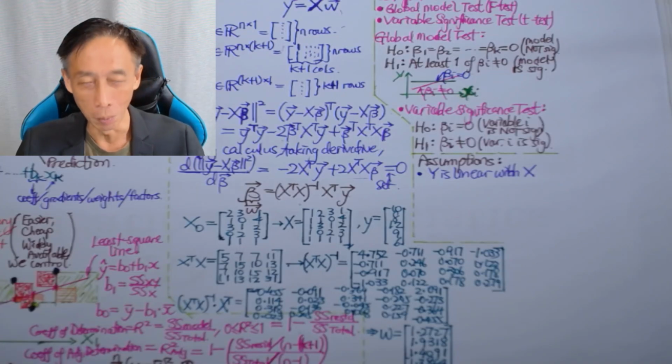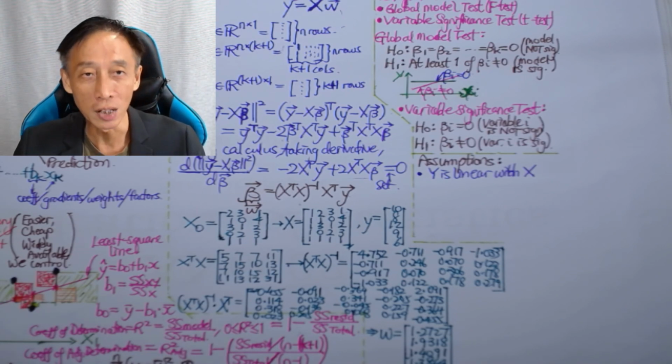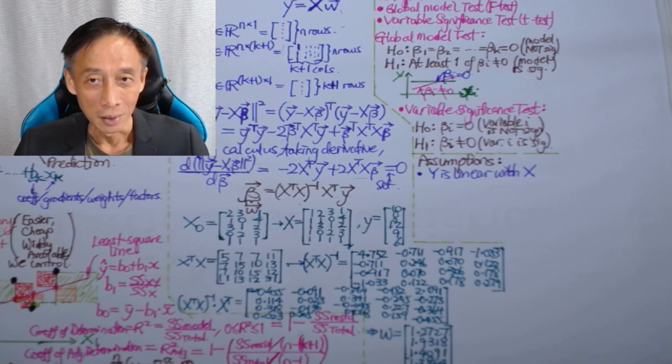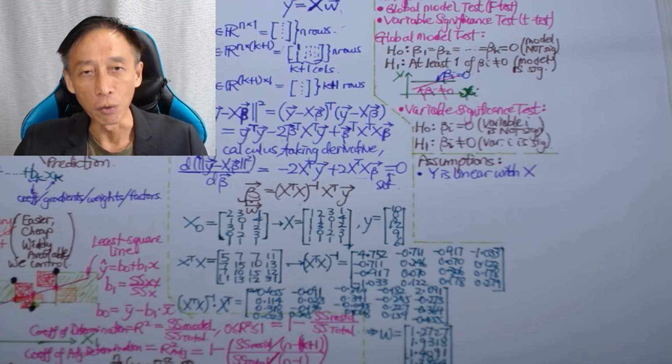But as you know, real life hardly will be everything proportionate, right? The more variables you put in, the higher chance that some of the variables will interact with y in a non-linear way.